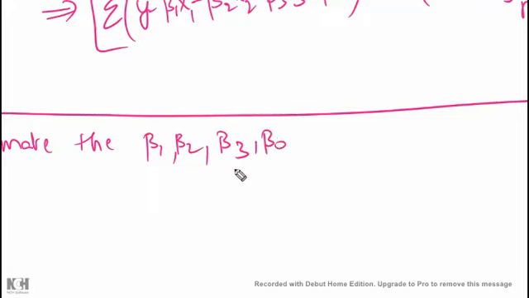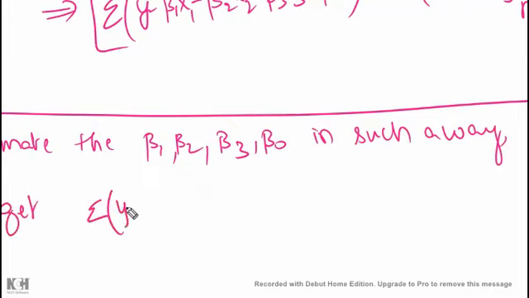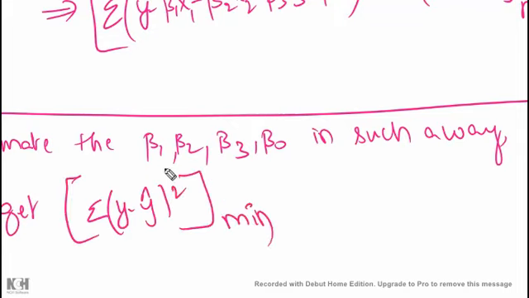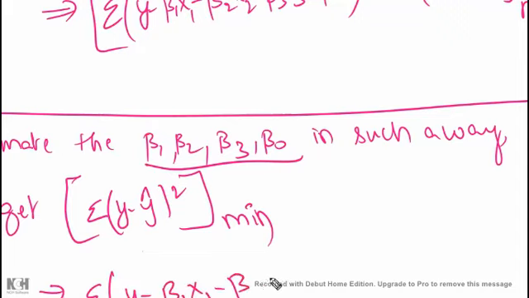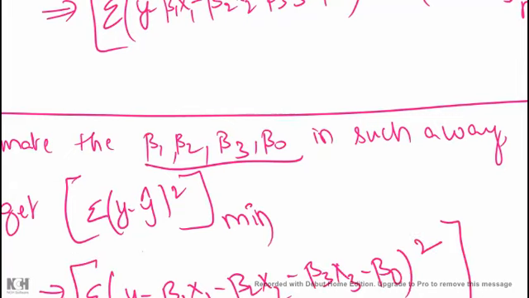We are going to estimate the four values in such a way that we get the sum of the squares of errors as minimum. We identify these four values which give the minimum value of sigma of y minus beta 1 x1 minus beta 2 x2 minus beta 3 x3 minus beta naught whole square. This value we require as the minimum.